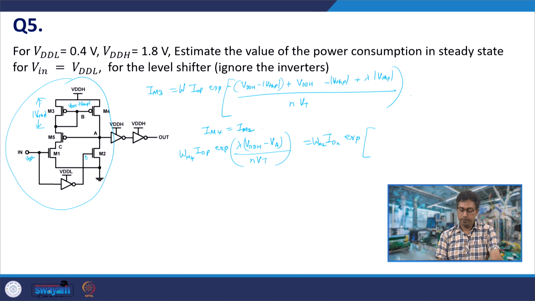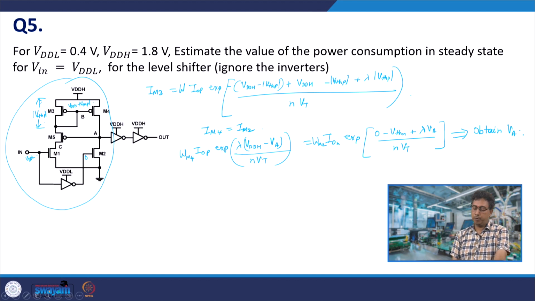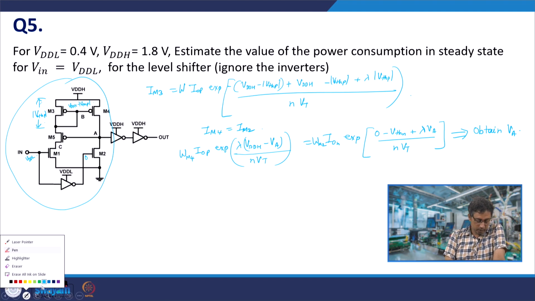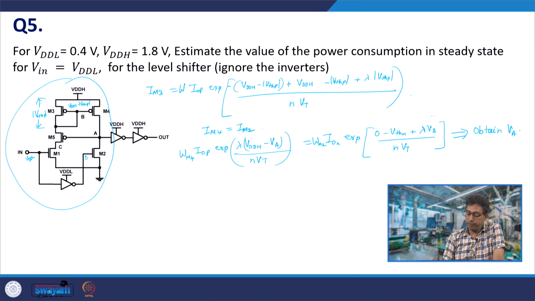So, VGS is 0 minus VTHN plus lambda VDS, which is VA, and we can assume that substrate contact is there and therefore body voltage is 0, divided by NVT. From this obtain the value of VA. Once you have obtained it, then this itself is the leakage current.